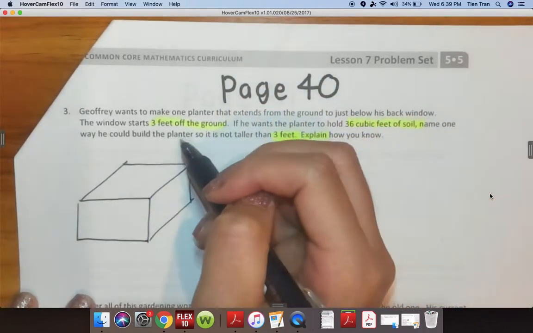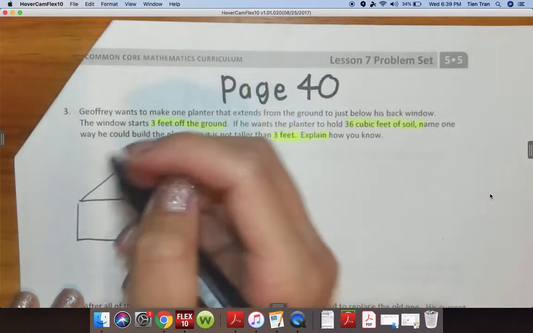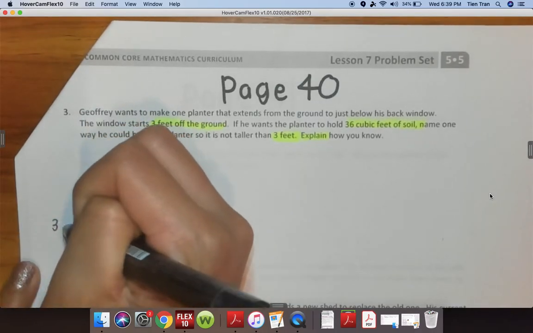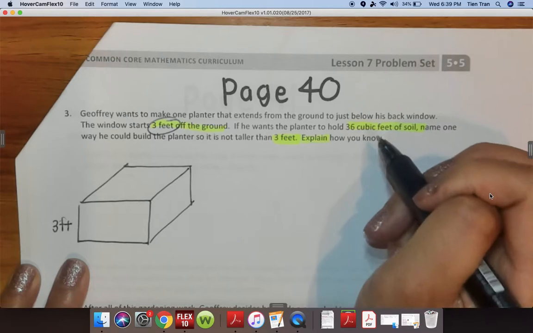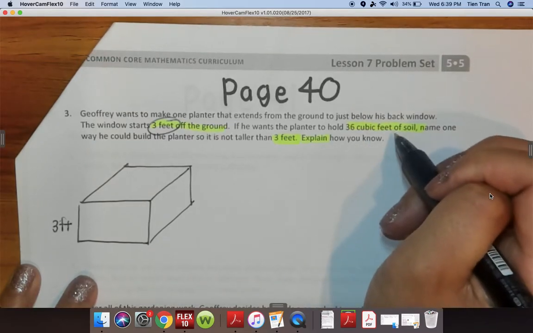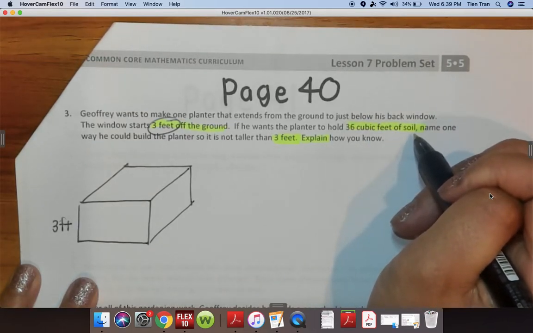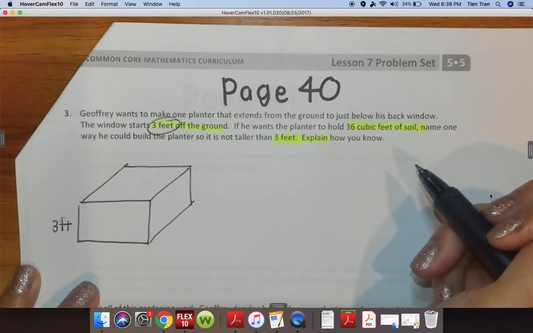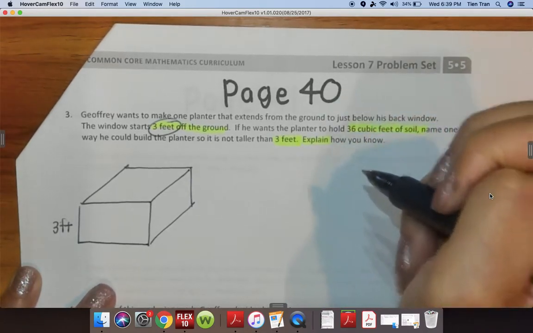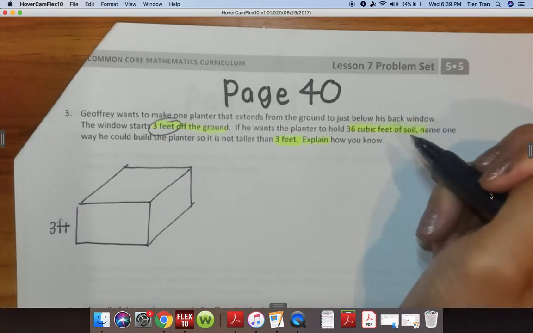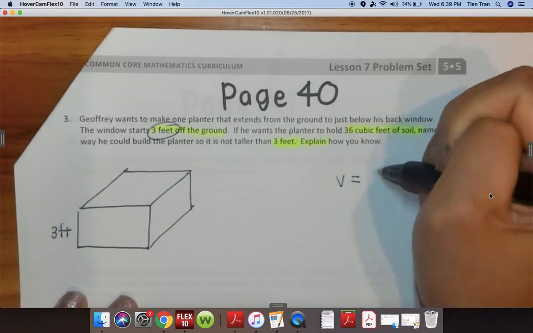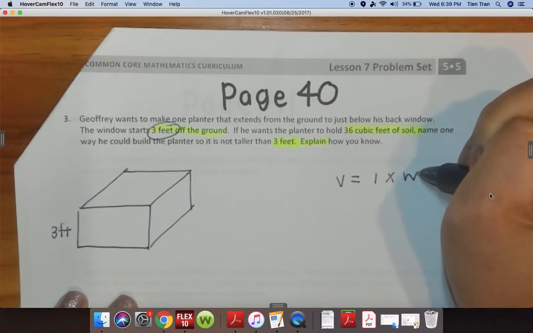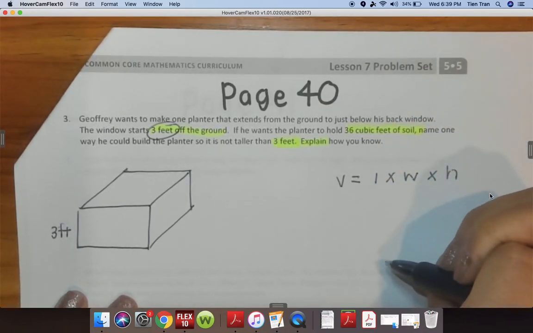Okay, and it says here that it is 3 feet off the ground. That means that the height is 3 feet off the ground. And then it says it's 36 cubic feet of soil. Okay, so we know that the number we need is going to equal 36 cubic feet of soil. So volume is equal to length times width times height.